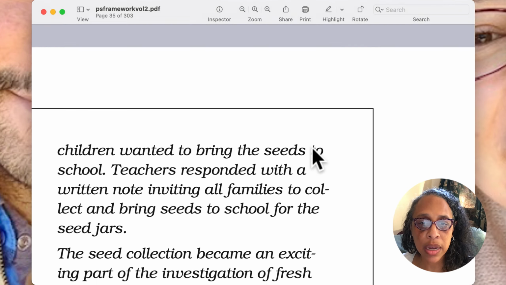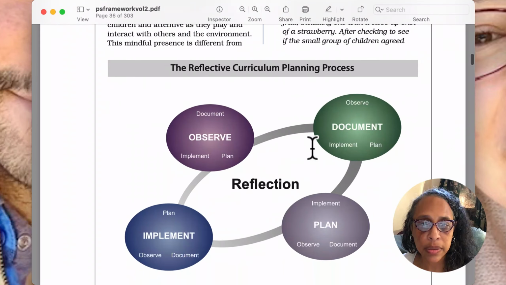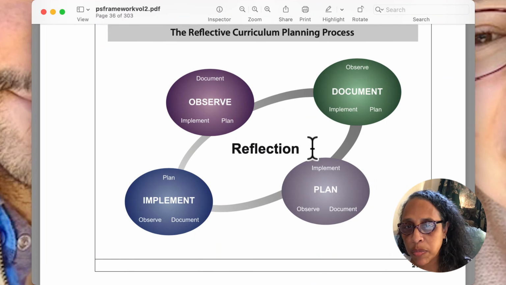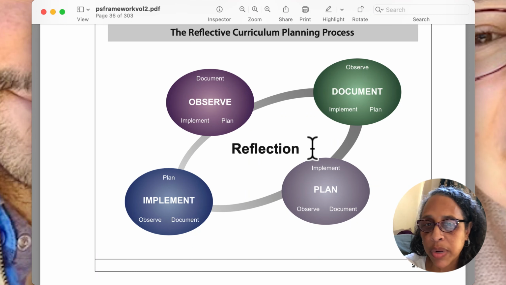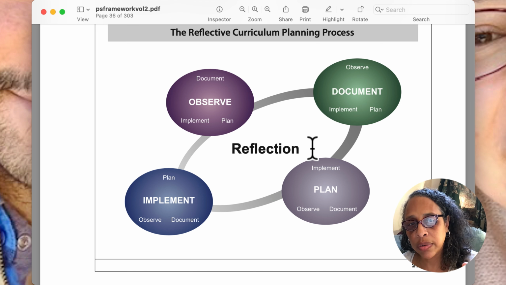And so what I was talking about earlier, let me find this. This is the important thing that I wanted you guys to get from reading this, is that it's cyclical. So we're doing it over and over and over when we take care of children.